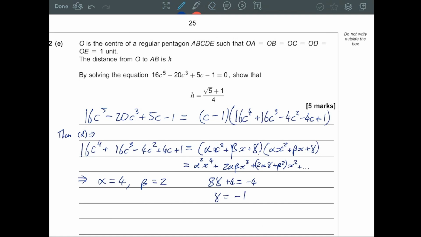If we had just made that assumption before, then we would have missed that. So I'm going to call this equation star. Star is then c minus 1, 4c squared plus 2c minus 1 squared.